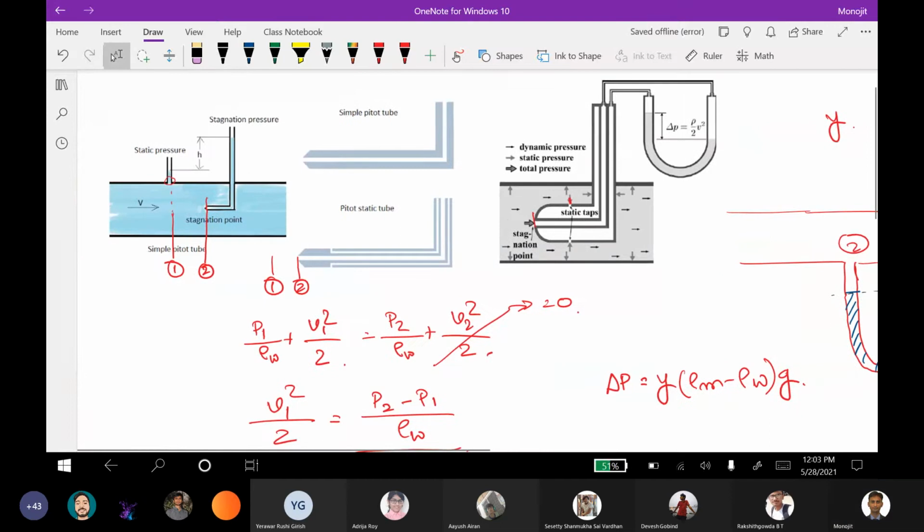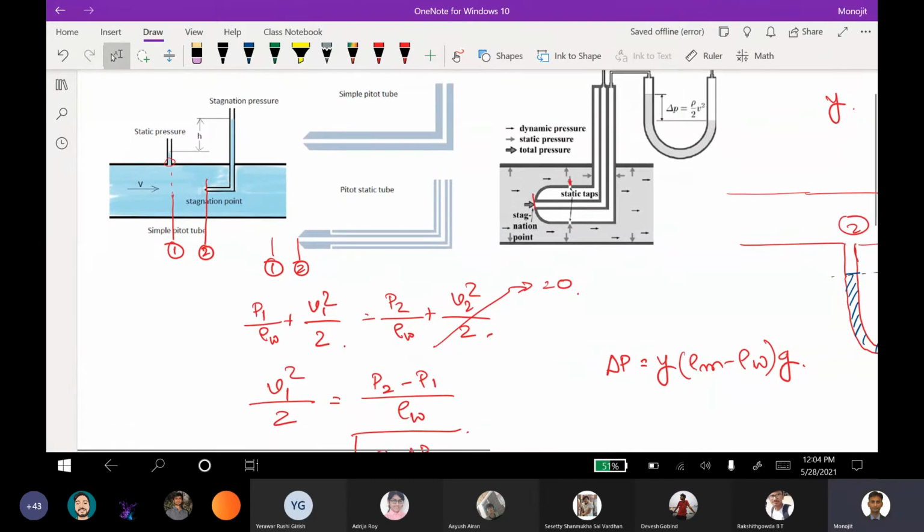V1 is the velocity when you position the pitot tube at a distance, let's say x centimeters, from the edge of the pipe. Now, if you vary this x, do you expect any change in the measurable value?